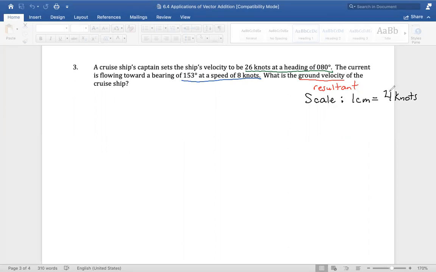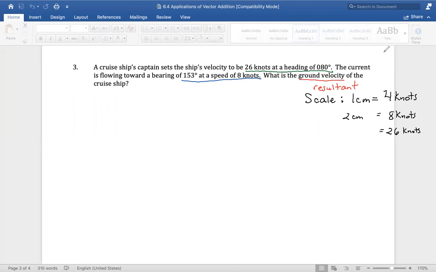So you could make that more. You can make that 1 centimeter equaling 5 or 6 knots if you wanted to. And so then my 8 knots then would be 2 centimeters. That one's not a problem. 8 knots is 2 centimeters, but how much would 26 knots be?